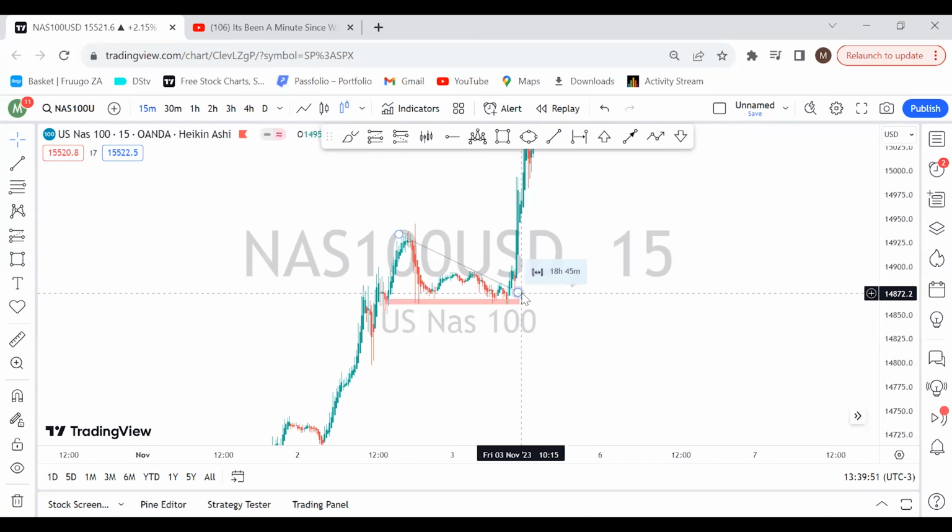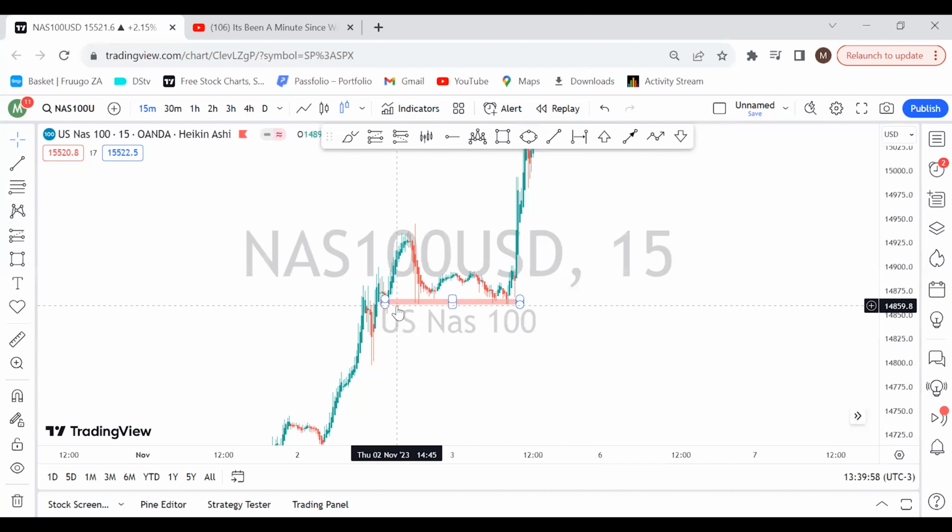But then I would leave that empty because you only focus on the support. That's where you're gonna take your entry. So when the market buys, you focus on support. When the market sells, you focus on the resistance. Yeah, so same thing applies.